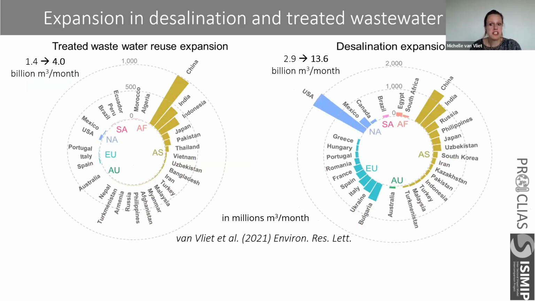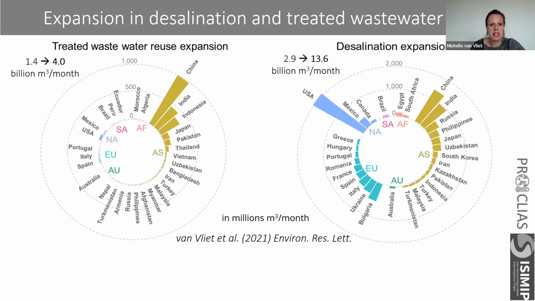So here with these circular bar plots, we show for the top 30 countries in the world what are the calculated expansions in terms of treated wastewater reuse, as shown here at the left. On a global level, we showed that an expansion of more than a factor of 2.5 would be required in order to alleviate water scarcity.